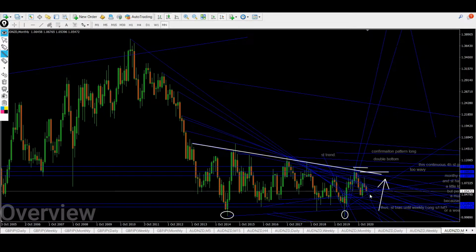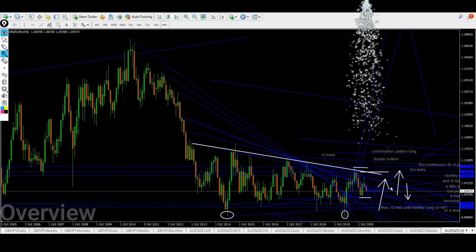So for the medium term, I'm actually targeting this level right here. Long term, I'm long biased to these targets here, but short term, I'm short biased for the pullback down. Another announcement is that this pair's price action is very tricky. But I'll keep posting this because I think it's good educational material. Please take everything I say with a grain of salt.